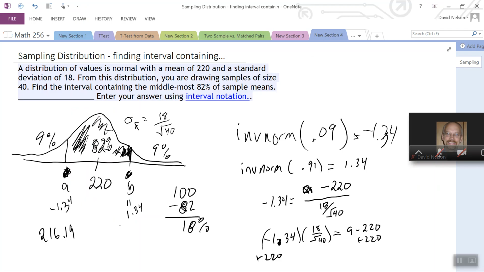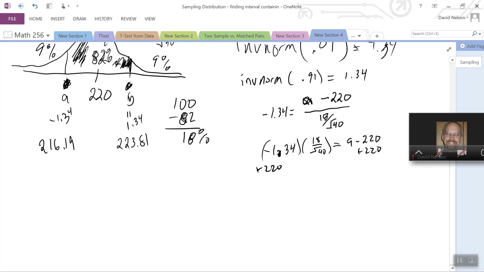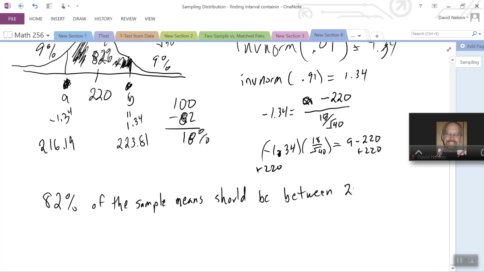So B would be 223.81, and so what I know is that 82% of the sample means should be between 216.19 and 223.81.